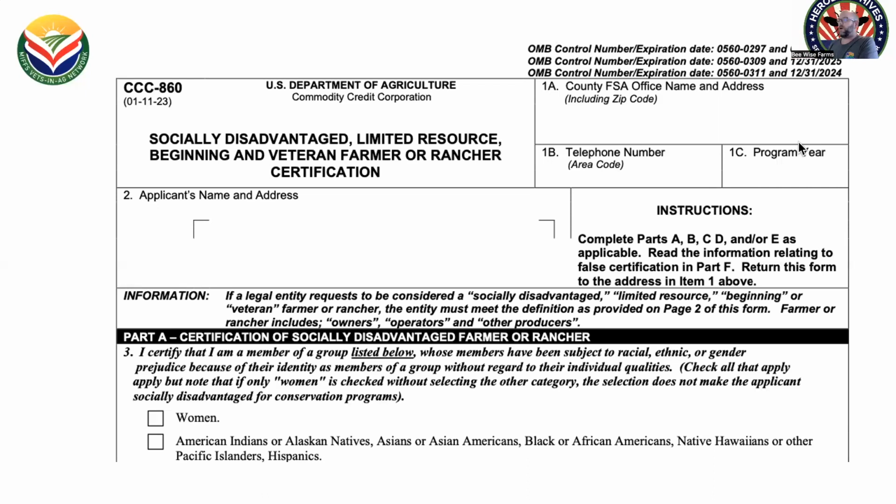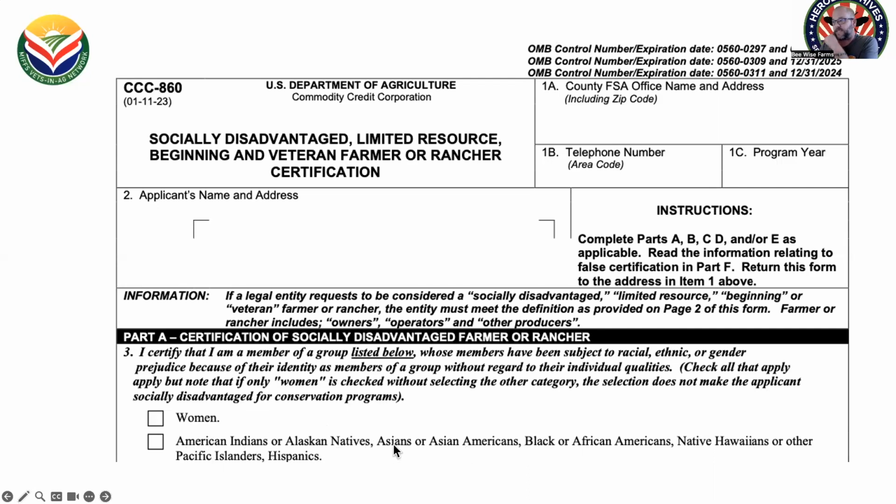So the first thing I want to lay out is, again, we've got your name and address, basic. Certification of socially disadvantaged farmer or rancher. That's part A. Now, USDA has their own definitions for this. They're asking basically, are you a woman or are you a member of one of these groups?